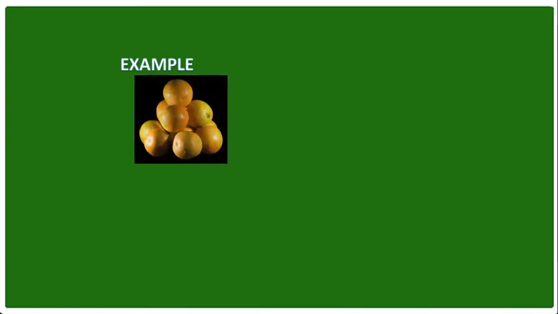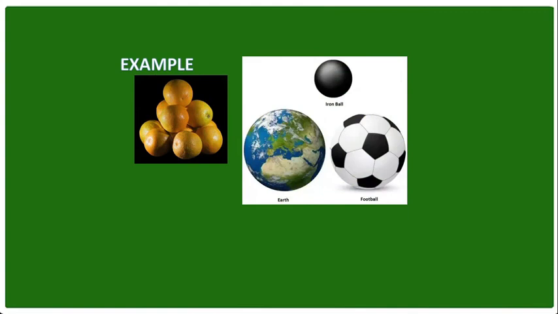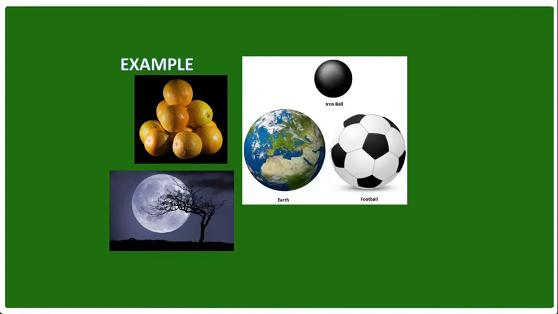Examples of objects that we can see that resemble a sphere: we have these tangerines or oranges, the earth, football, iron ball, the full moon. These are some examples of solid figures or objects that we can see in our surroundings that resemble a sphere.